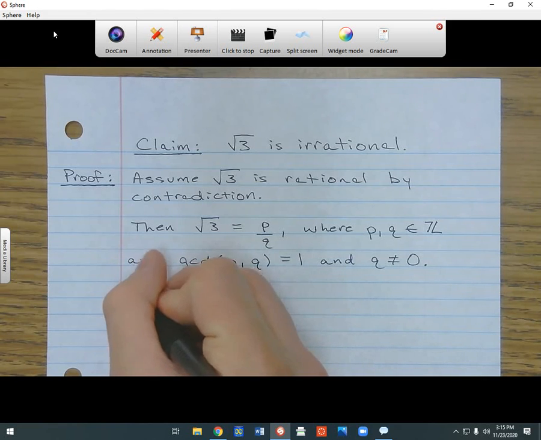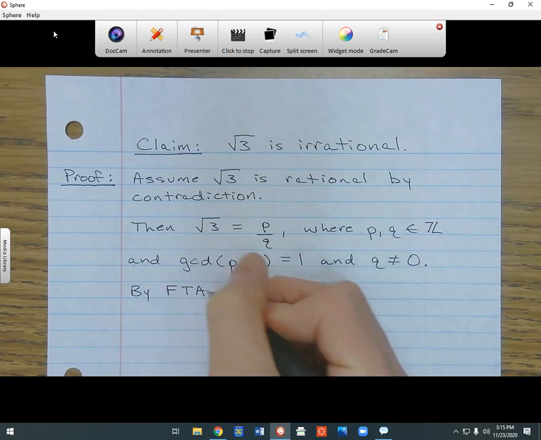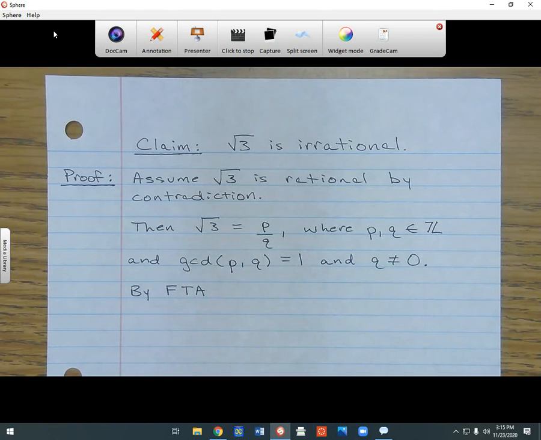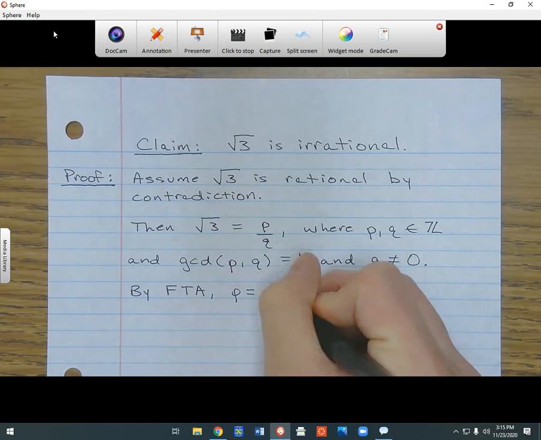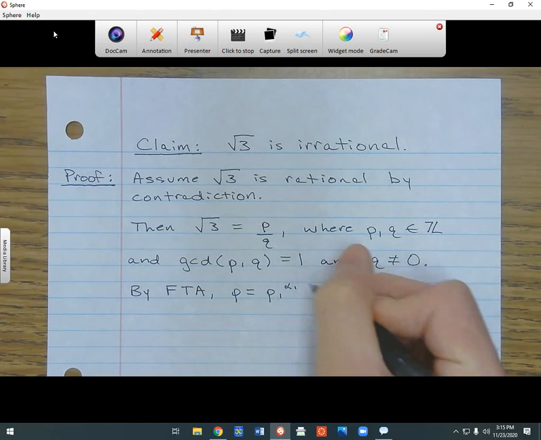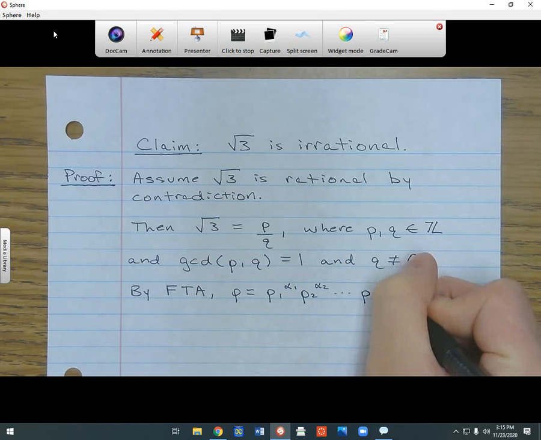So then by the fundamental theorem of arithmetic, which states that we can actually take these whole numbers and write them as strings of prime numbers, we can say that p is equal to p1 to the alpha 1 power, p2 to the alpha 2 power, all the way to pn to the alpha n power.